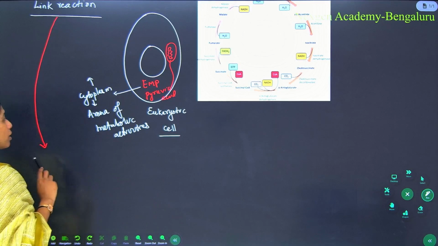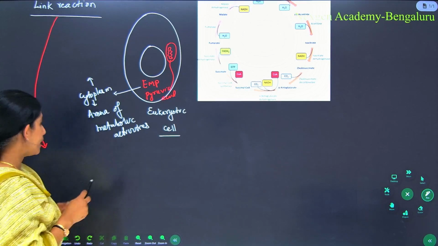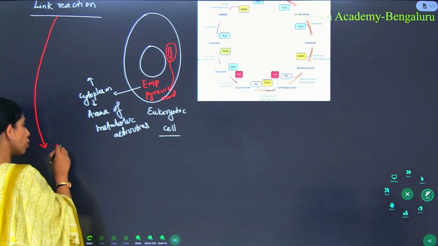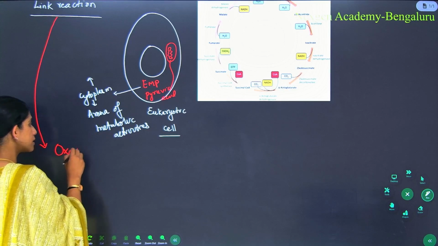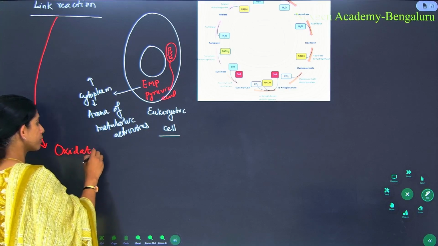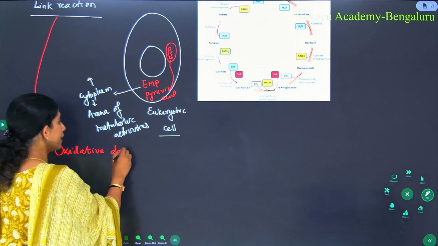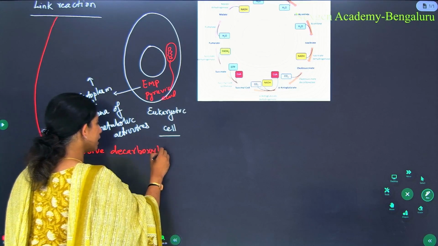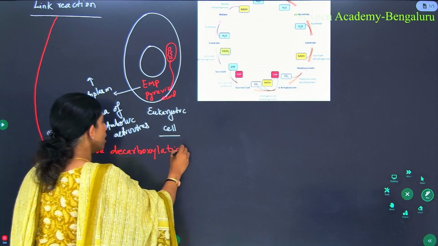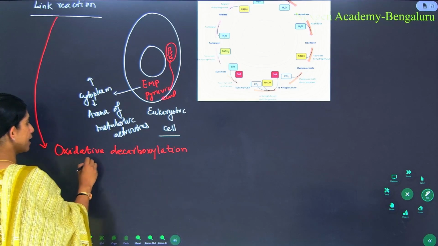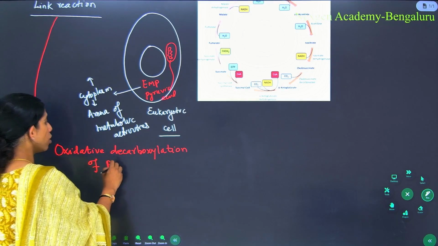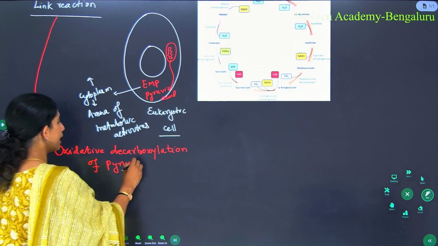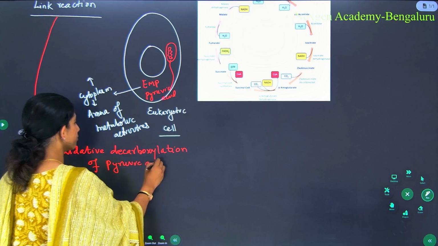When we talk about link reaction, it is also called oxidative decarboxylation. You should definitely remember this, oxidative decarboxylation of pyruvic acid, right?